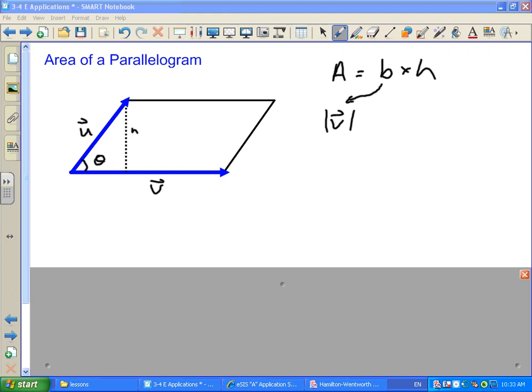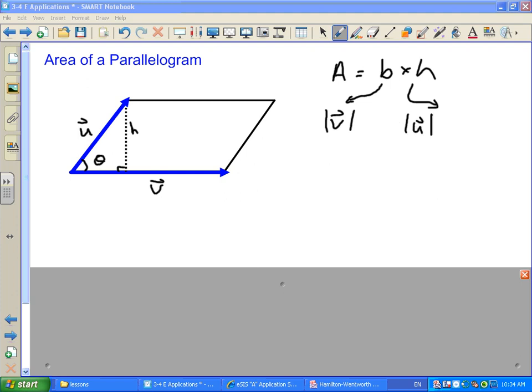The other thing we want is the height here. So how can we figure out the height from this information that we're given right here? Using the fact that there's a little right angle triangle in here. Yeah, the y component.